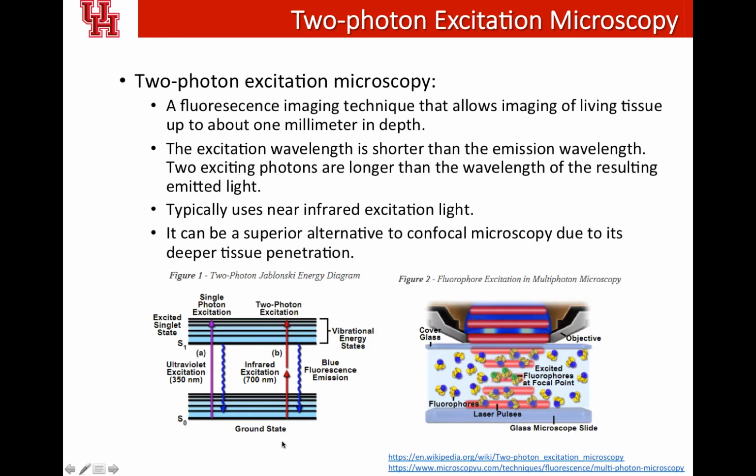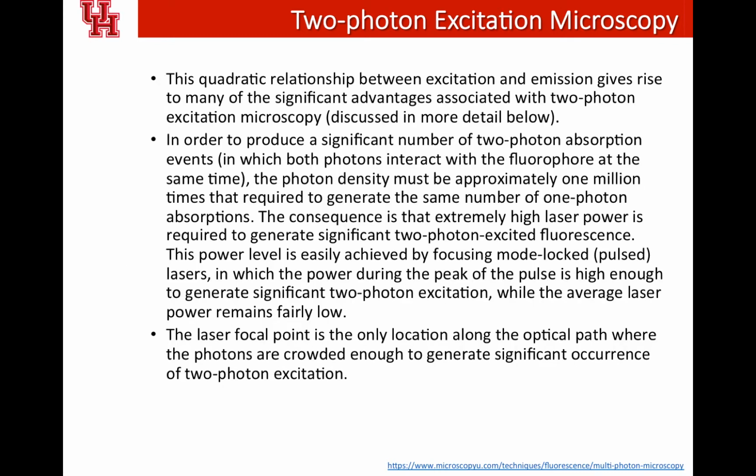So to get this excitation to happen, you have to focus a lot of photons in a small region. First of all, you need really high intensity light. That's why people focus a pulsed laser to a really small region.